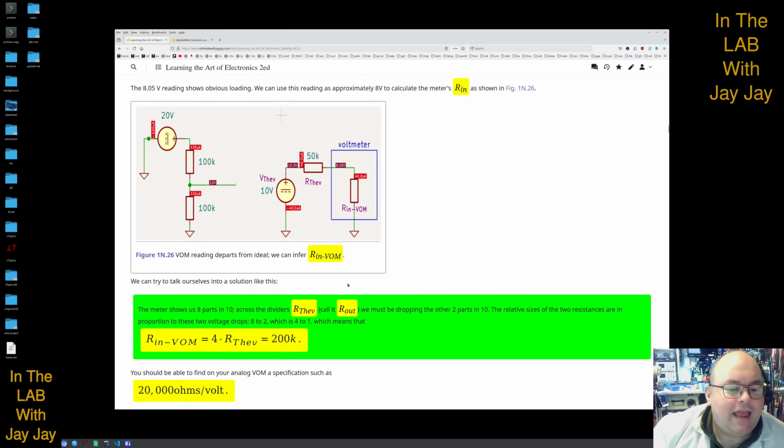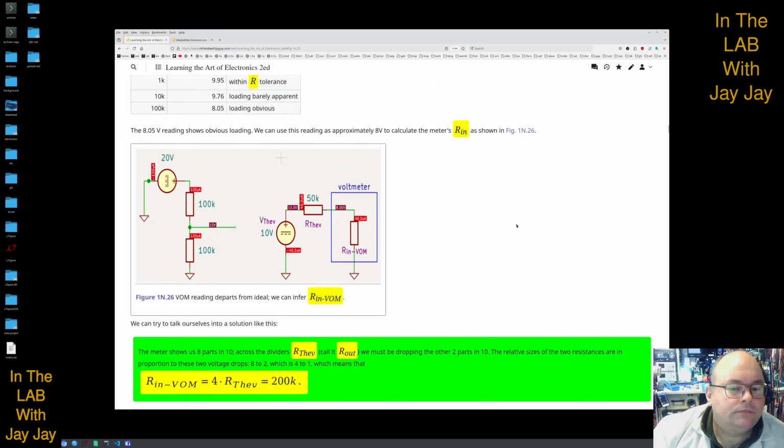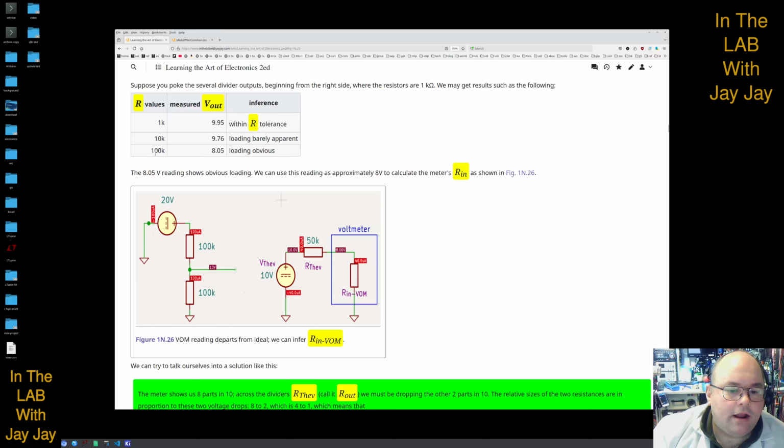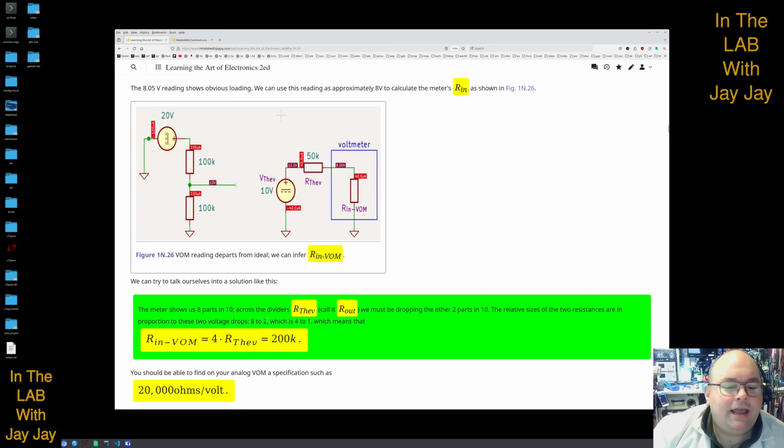So the meter shows us 8 parts in 10 across the dividers' Thevenin resistance. Oh yes, I see. When we measure at 100K and it says 8, that's 8 volts across our internal resistance, but it means there's 2 volts across the meter.